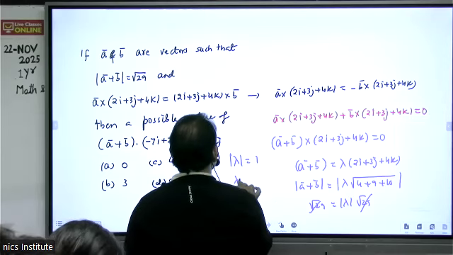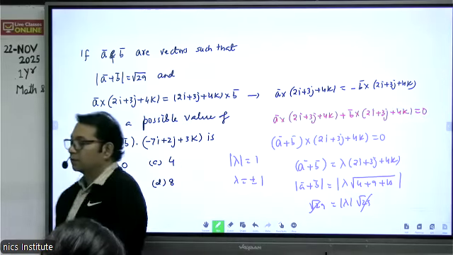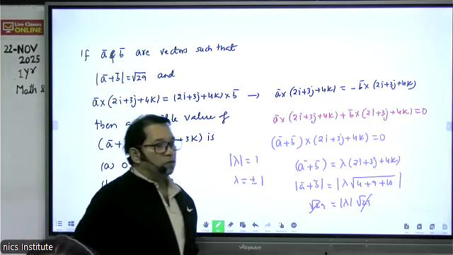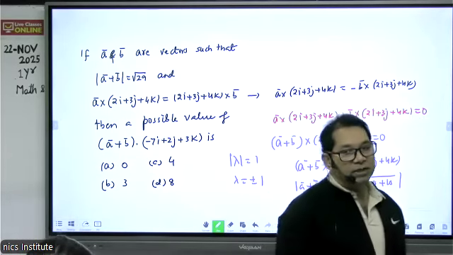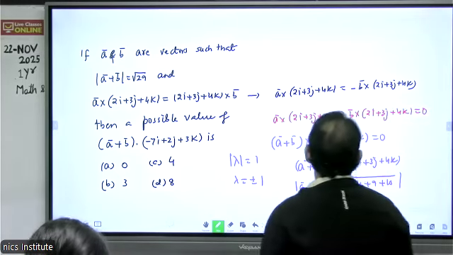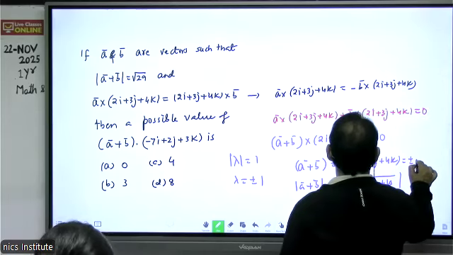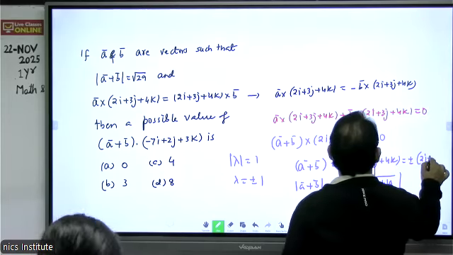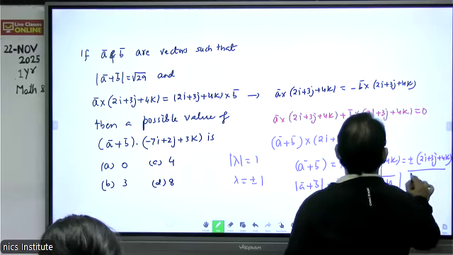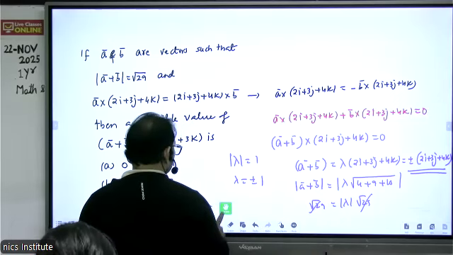So lambda is plus minus 1. So when lambda is plus minus 1, A plus B vector would be plus minus 2i plus 3j plus 4k. So this is A plus B. So then you can find dot product.